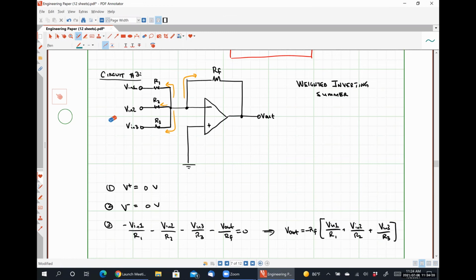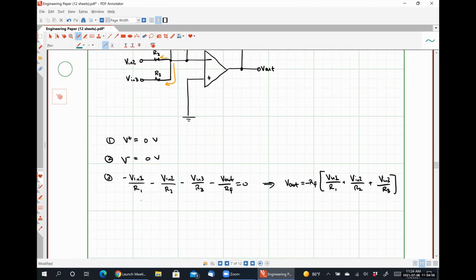What happens if R1, R2, and R3 are all the same value? The Vout is then simply negative RF over, I'm just going to call it R1, times Vn1 plus Vn2 plus Vn3.